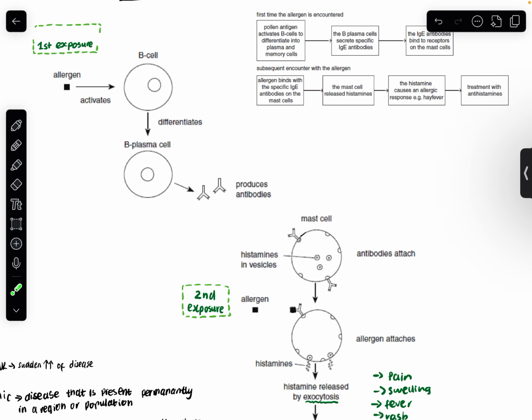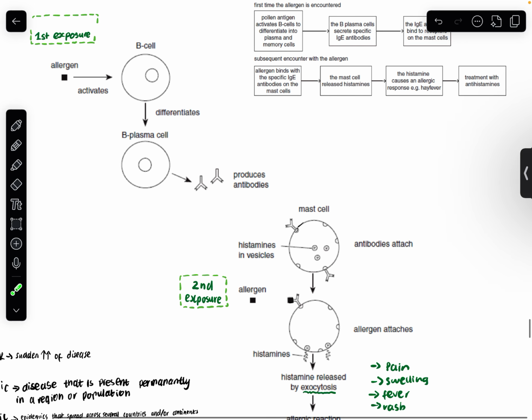However, on the second exposure, the allergen will straight away go to the IgE antibody that is on the surface, on the receptor of the mast cell. Now, this allergen will bind to the antigen binding site of the IgE antibody, and once they bind, the mast cell is triggered to release its histamines.